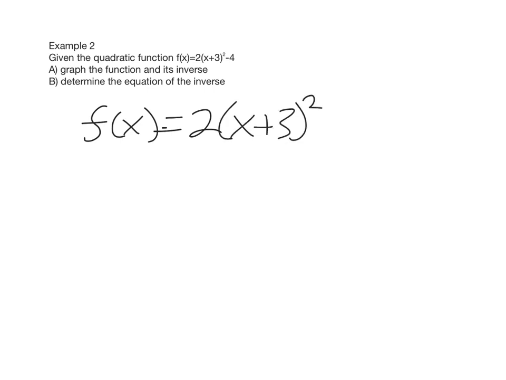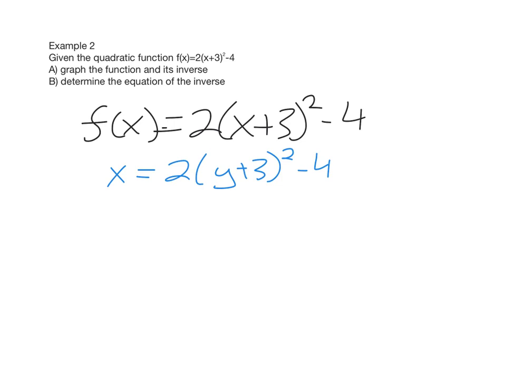But if we know that f(x) = 2(x + 3)² − 4, we'll start by relocating and saying that x = 2(y + 3)² − 4. And we need to start trying to isolate.